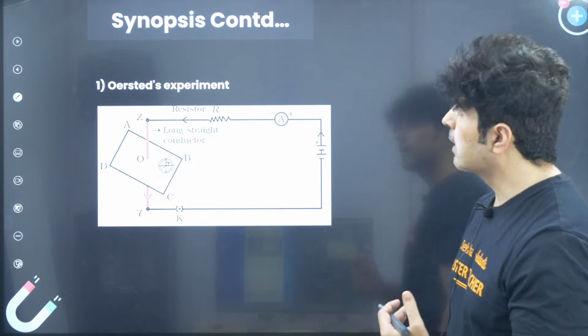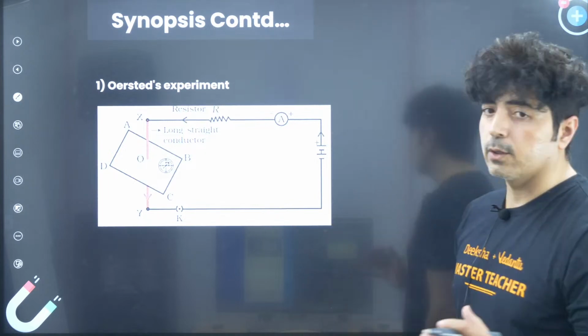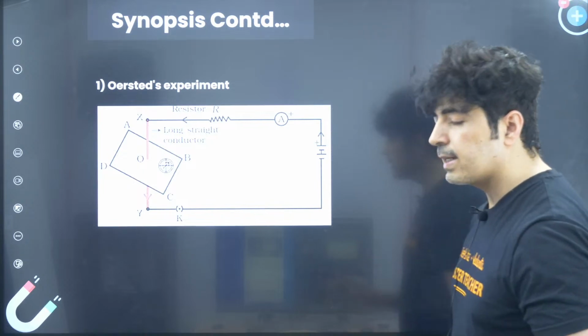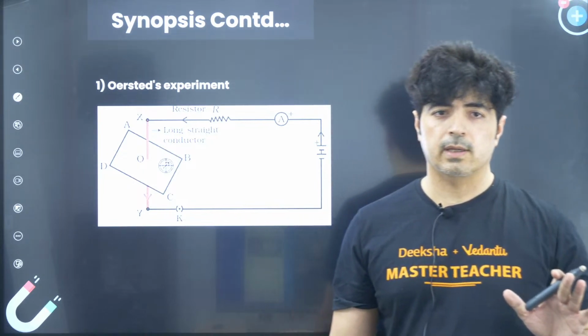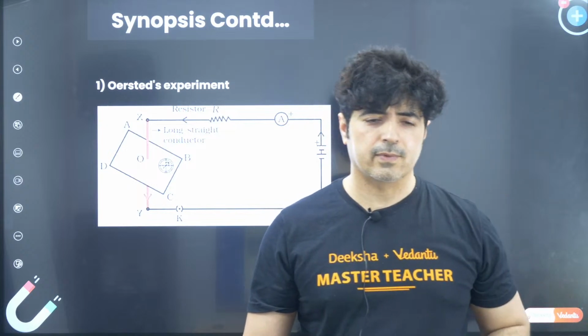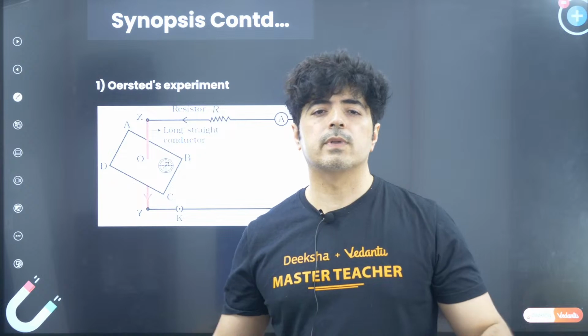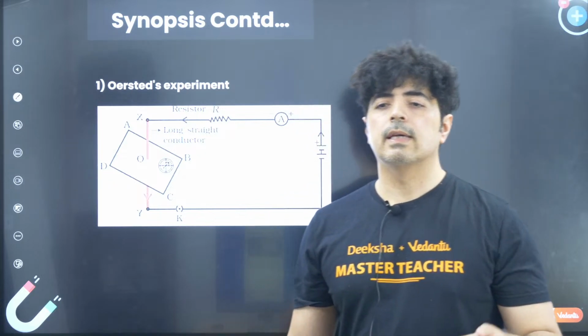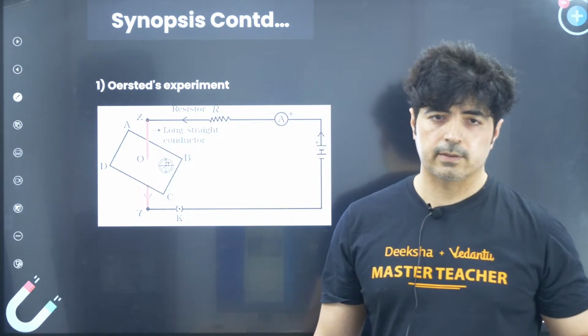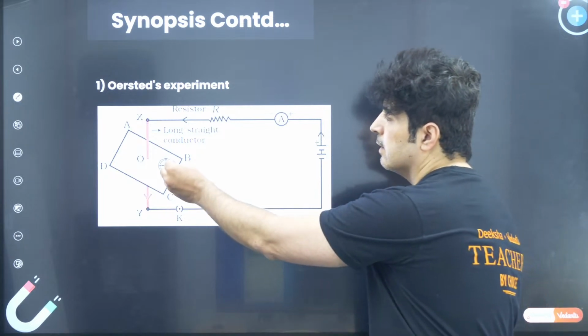Okay. So over here, let's go with Oersted's experiment. What is Oersted's experiment? There was a scientist, Oersted, long back in the 18th century somewhere. No need to remember when it was. But what happened with this guy? This guy was with his students. He passed electric current in a circuit, and he had this needle, that compass.